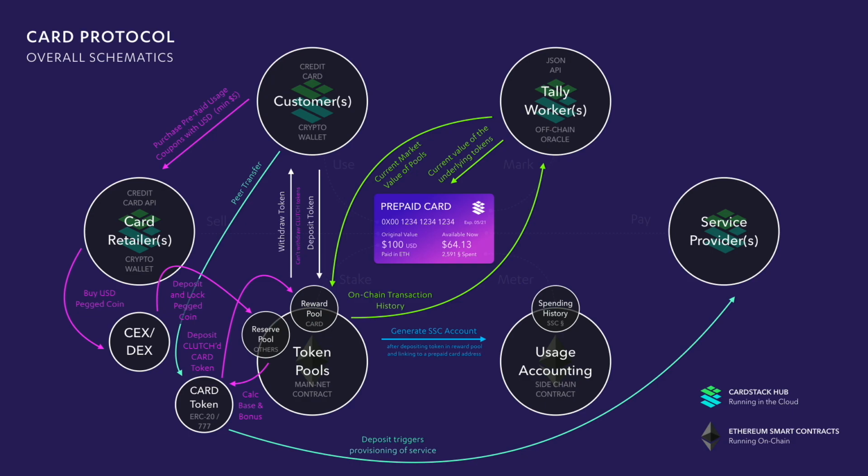Now the reward pool is funded with the token as if the customer had card token, either through the TGE or since thereafter, but instead, they're going through a retailer to do that operation for them. So all this purple stuff that's going on here is what we call the clutch mechanism.